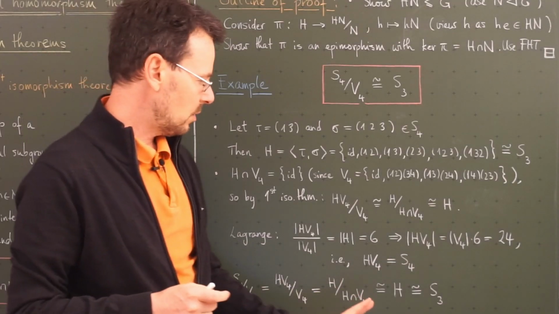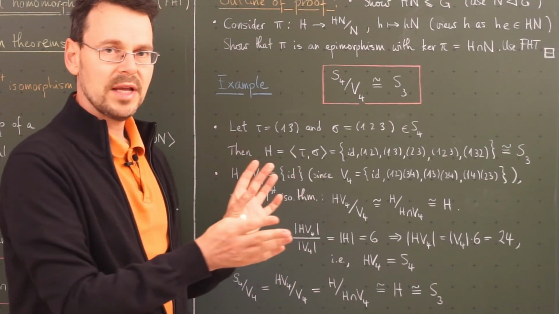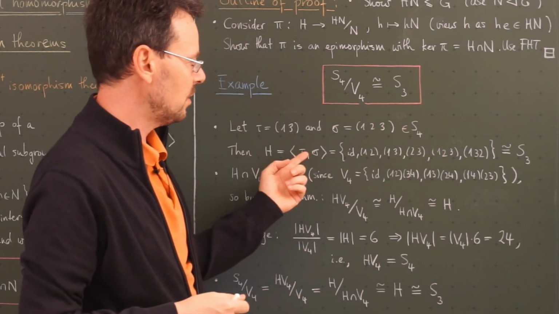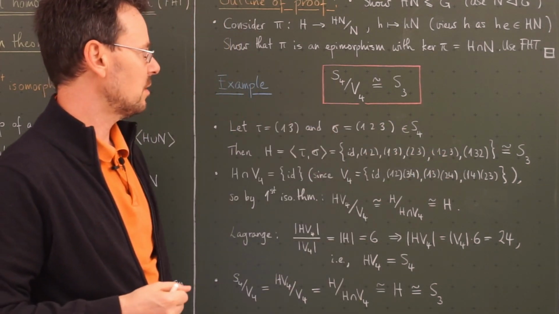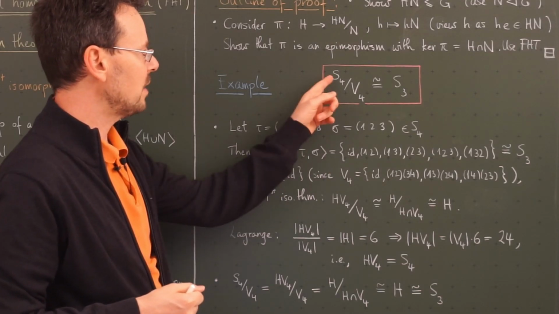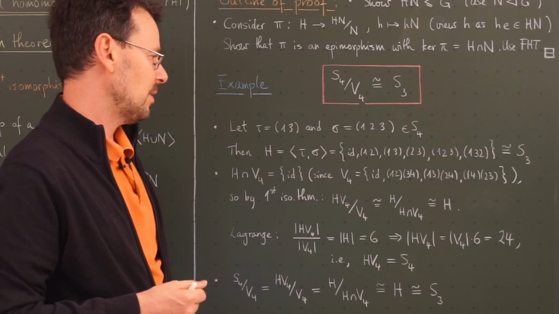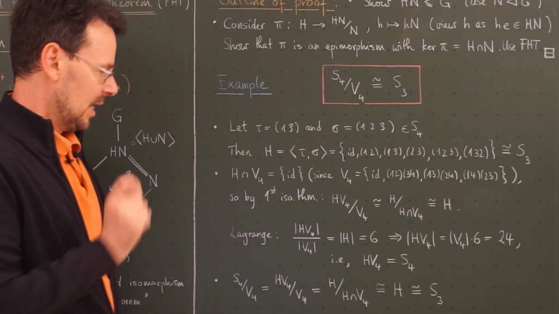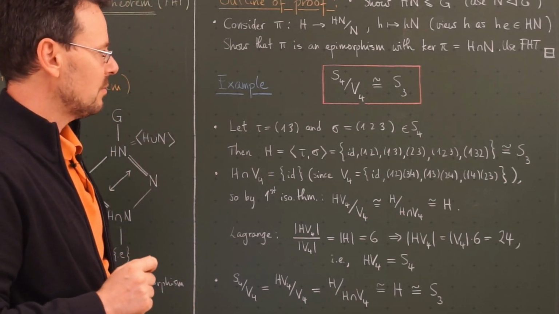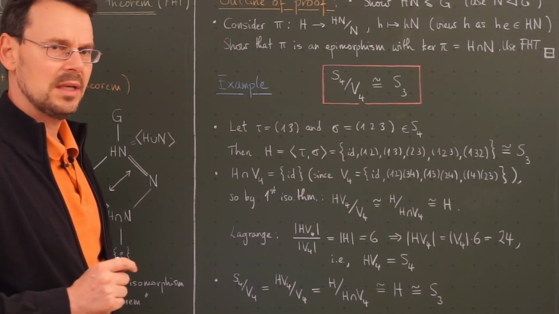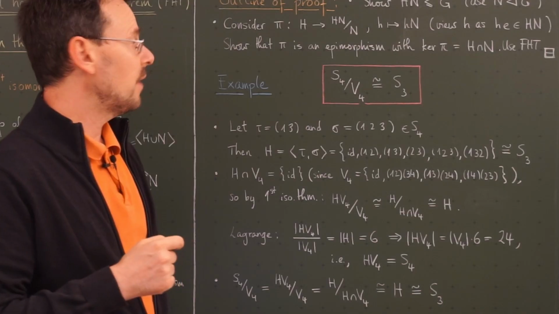So without almost any messy calculation with permutations, except for verifying this here, we arrive at this result that the factor group S4 mod V4 is isomorphic to S3. And that was a little application of the first isomorphism theorem, which otherwise I think we won't be needing that much anymore.